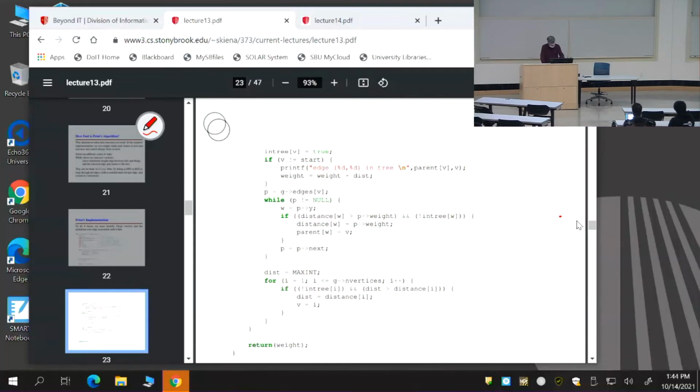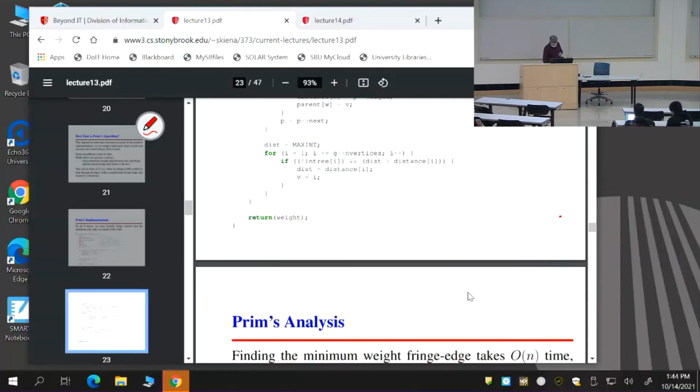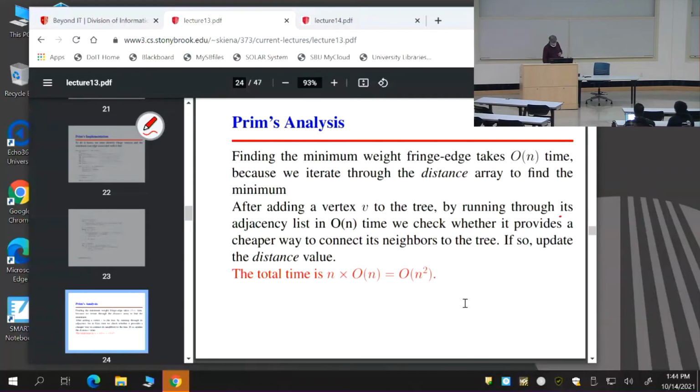Okay, so what do I want you to see from this? I want you to see why Prim's algorithm is correct, and I want you to see why it is n squared. Because that's actually the thing that is clever here, the use of data structures to avoid going through the search of all the edges on each iteration.